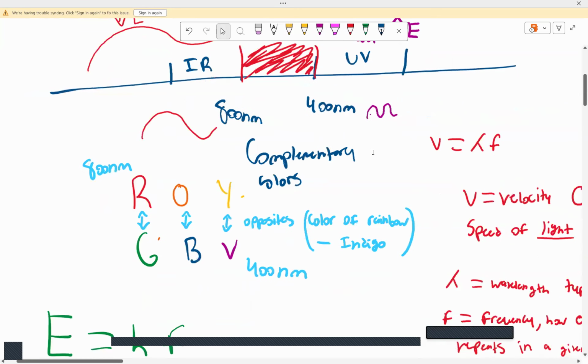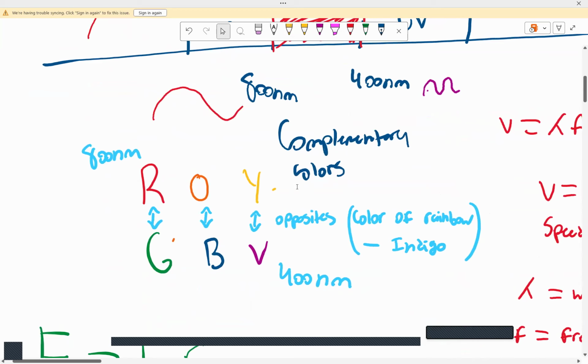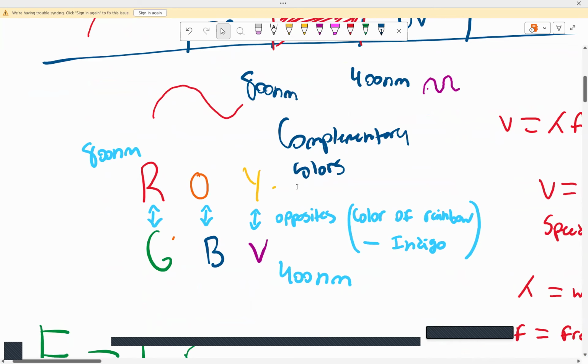And I want to go over complementary colors. Typically, what's absorbed, you'll see the complementary color is what you actually see. In order to remember the complementary colors, just think of the rainbow, ROY G. BIV, right? We all learned about it, except without indigo, since indigo would make it 7 colors instead of 6. So red, if you absorb a red wavelength, you'll see green.